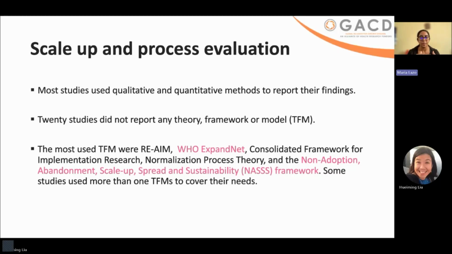The other that is specific for scale-up is the NASSS framework. So these 2 are the ones recognized and more used in this type of studies.